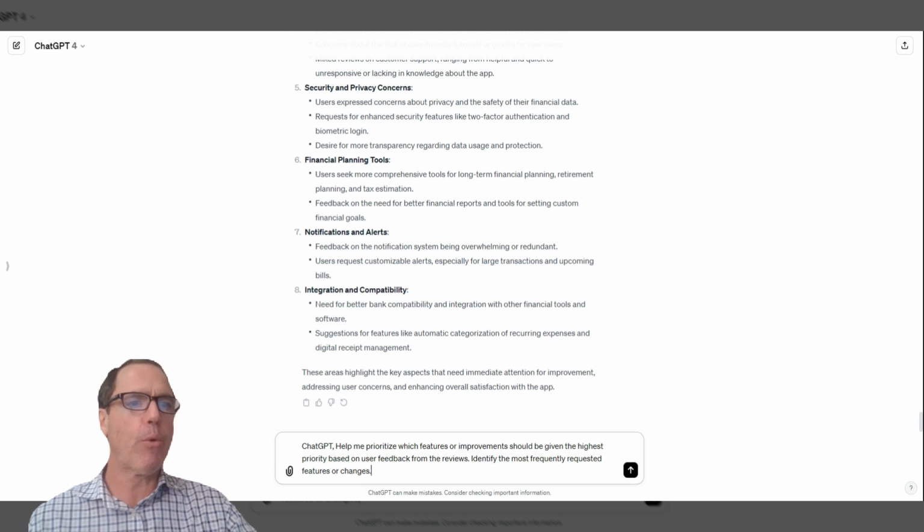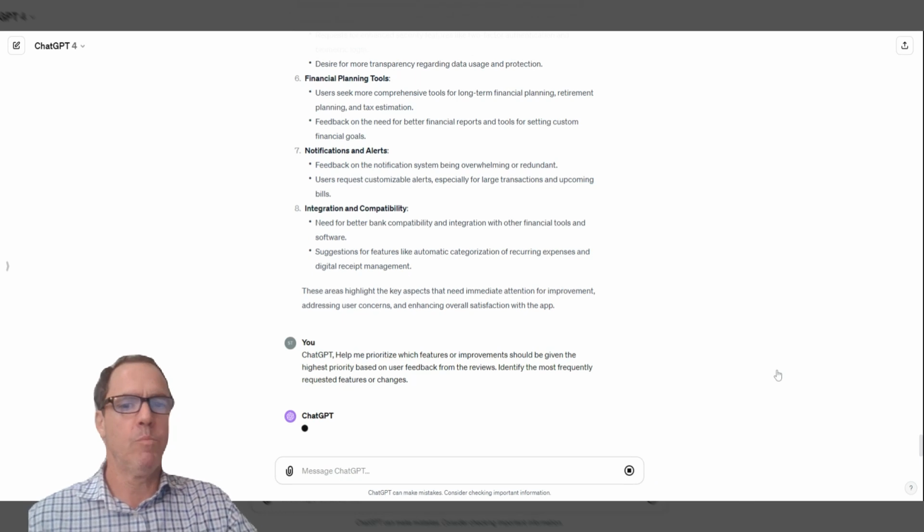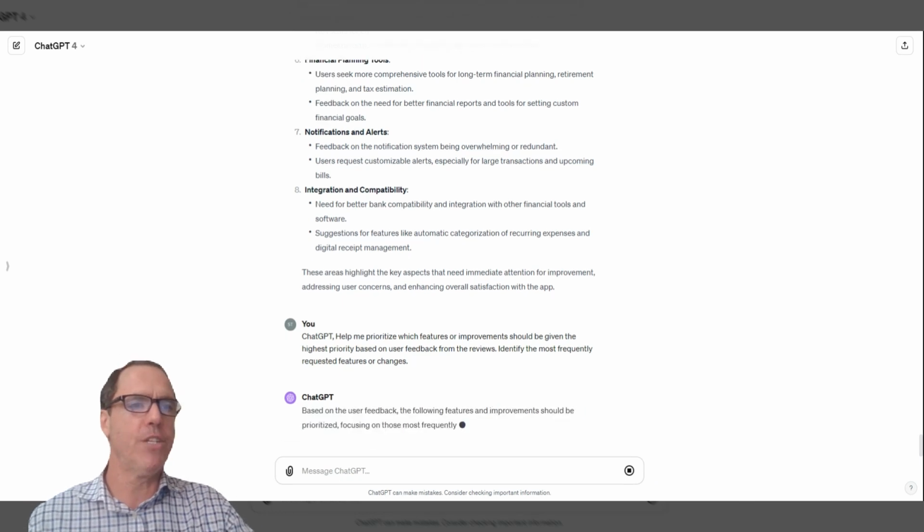Identify the most frequently requested features or changes. So similar to what we just did, this is going to be more specific to features that would address the high priority areas that we just uncovered. And keep in mind, some of those high priority areas weren't related specifically to a feature. Okay, so let's ask ChatGPT for this task.